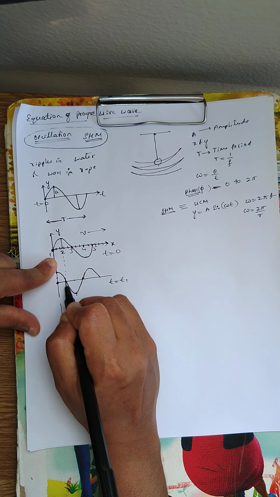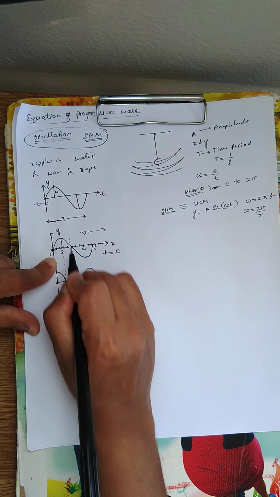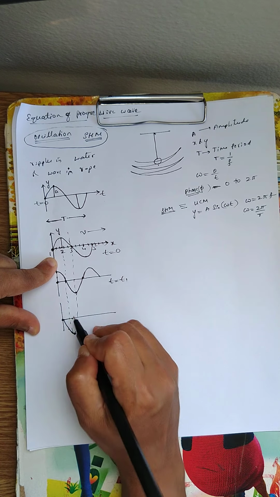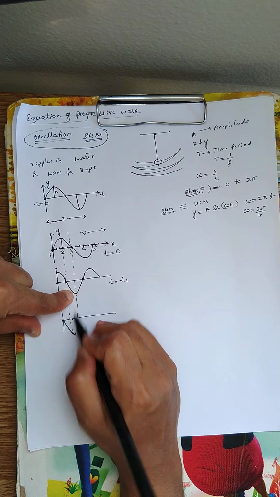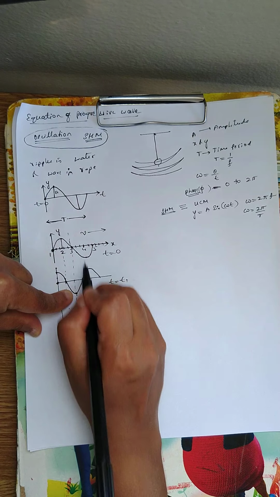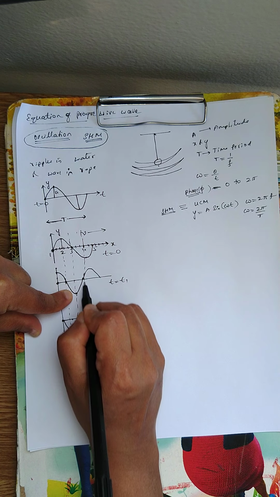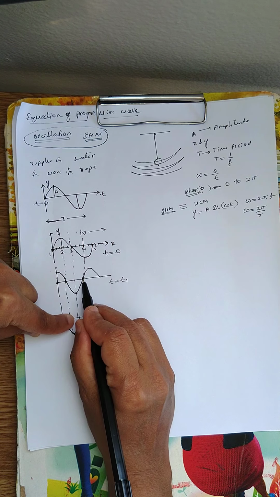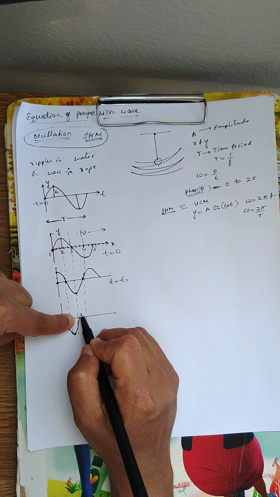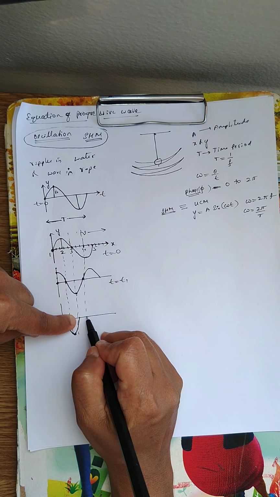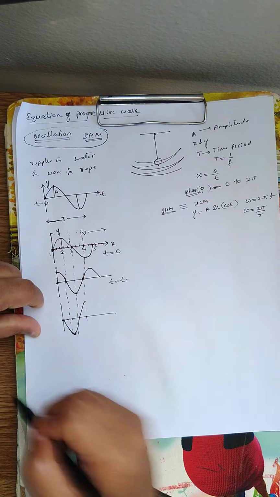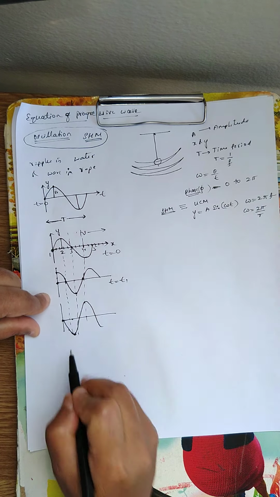The third, which was already in the negative extreme, now comes to the mean position. The one which was in the mean position now goes ahead, and so it goes on.